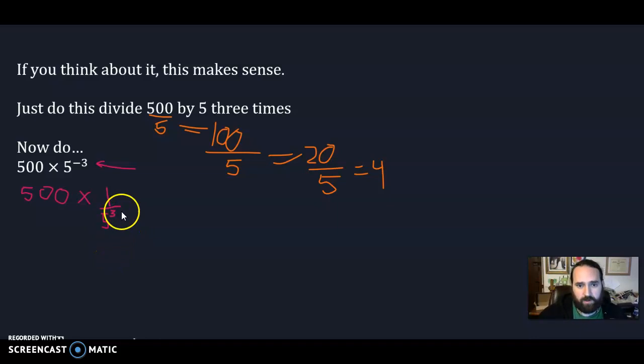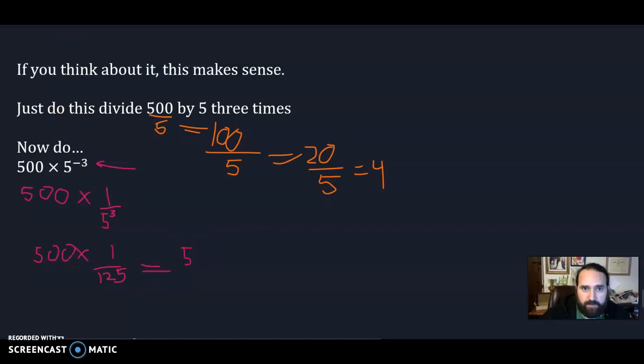Then I'm going to go, okay, exponents. Is there more I should do here? Yes. This is an exponent smaller than 4, so I'm expecting you guys to use it. So this is really 500 times 1 over 125. Cool, great.